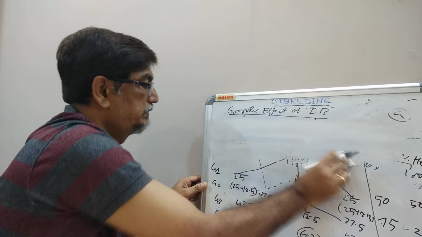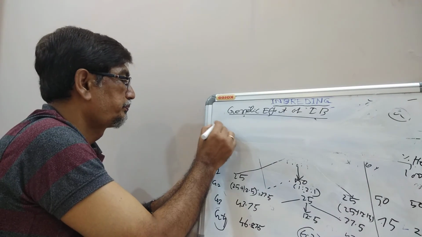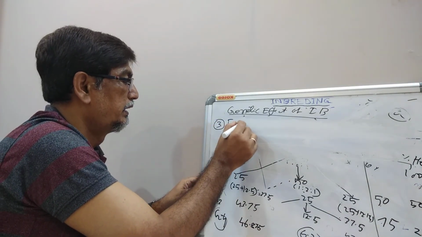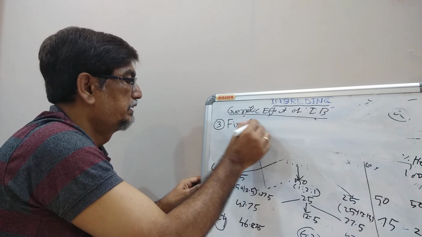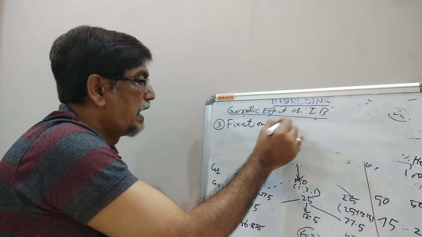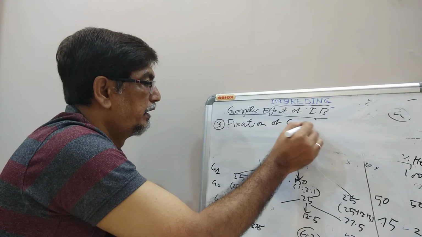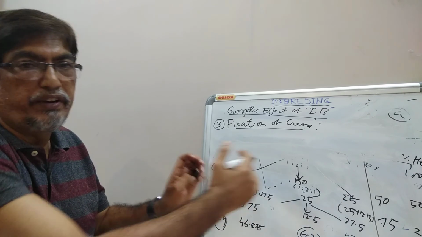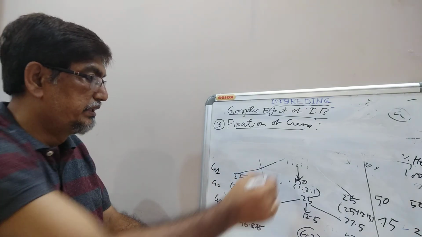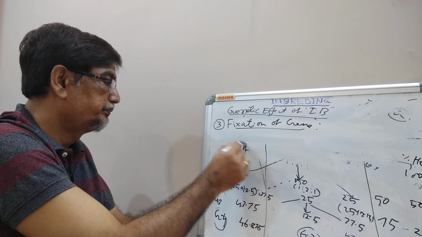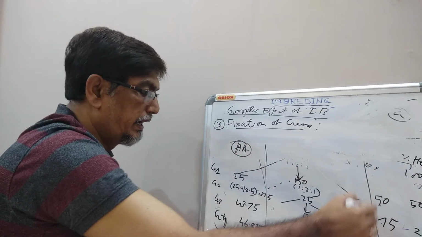So another one is point 3, fixation of genes. Fixation of lines or genes, that will fix in 4 or 5 different lines. You see here, gradually this is one line, capital A, and it is another line.